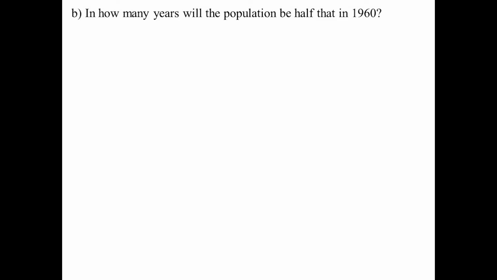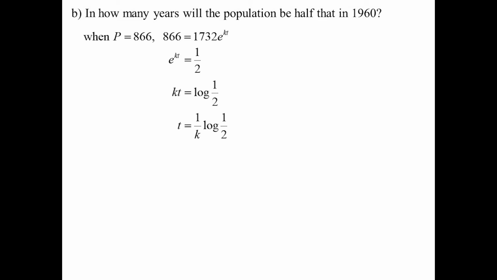So how long is it going to take for the population to halve? 866 is half of 1,732. So we're now solving e^(kt) is a half. I left it as k rather than writing the log of all that.